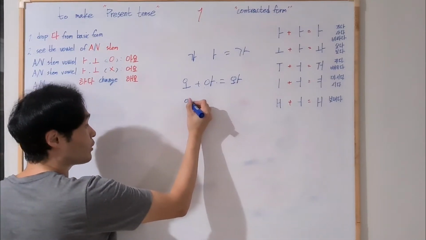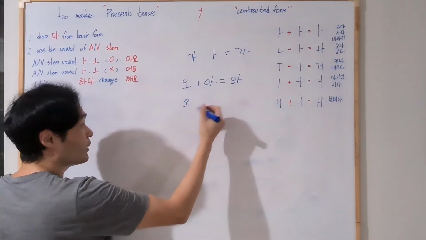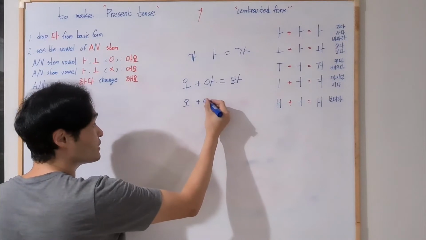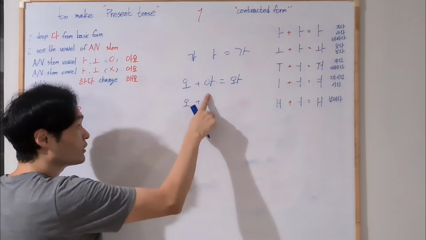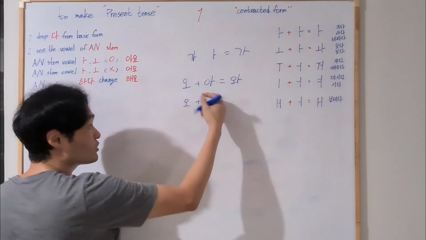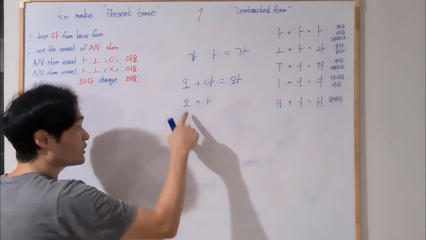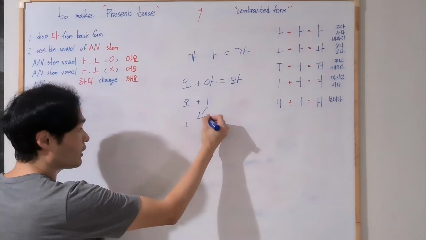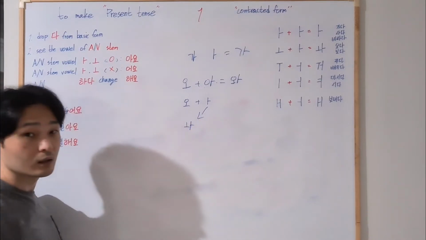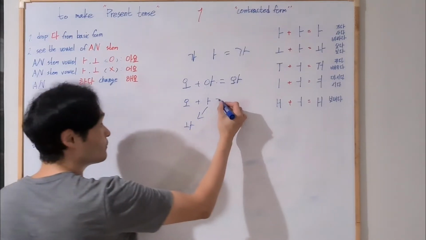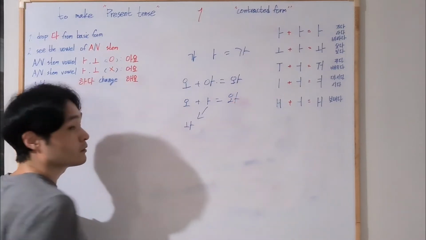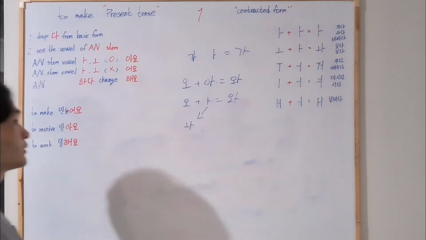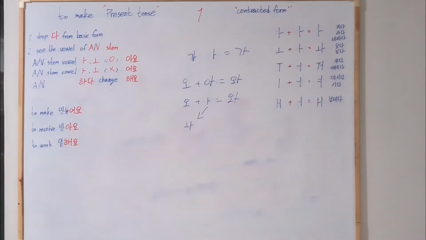Why? Because the vowel is 오 and the first consonant 이응 has no sound, and it's just the vowel. Let's see the vowel, 오, 아, 와. So it becomes 와. Okay? 잠깐만요.